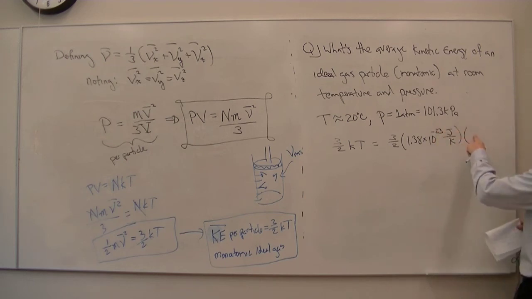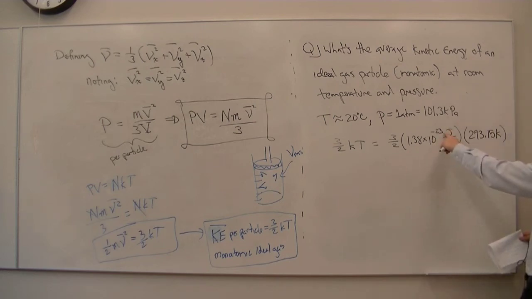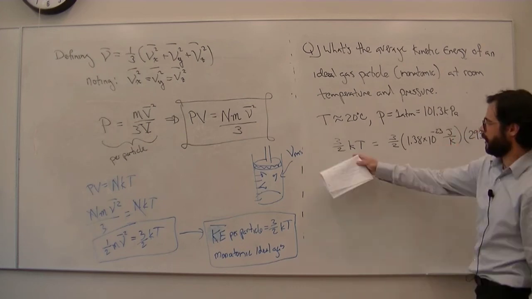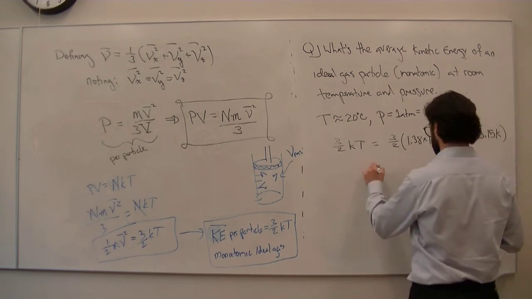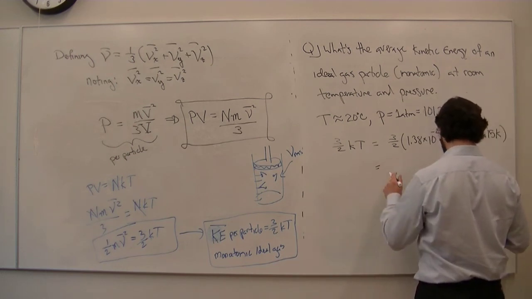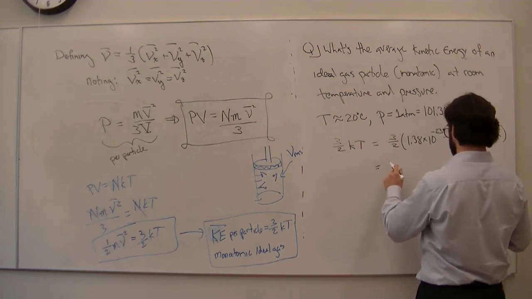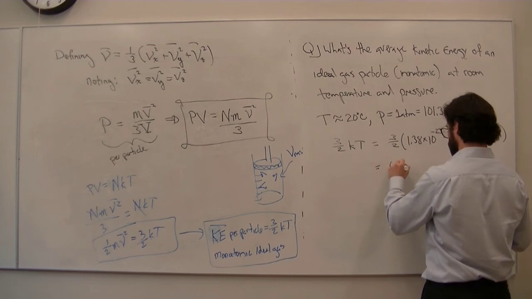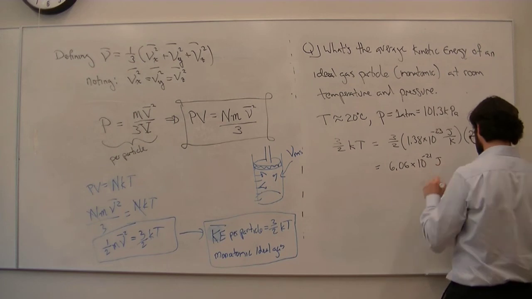And then, as the unit suggests, the only thing we've got to do is turn this into Kelvin. So 293.15 Kelvin. And voila, this is why you see things in the universal gas constants as joules, because of the ultimate identification of this with energy, kinetic energy. Okay. And so that will give me about 6.06 times 10 to the minus 21 joules.